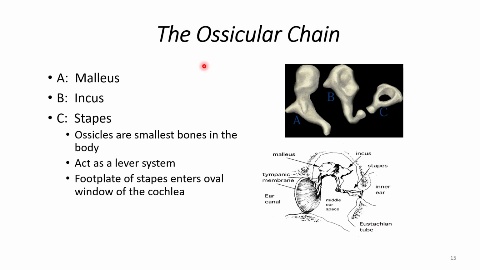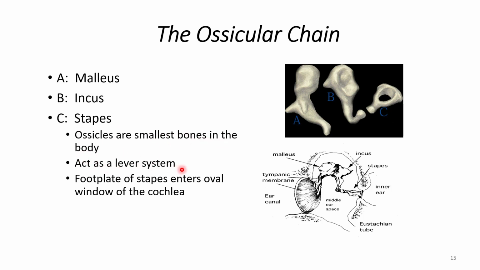Now coming on to the ossicular chain, and you must have already heard of these ossicles many times: malleus, incus and stapes. And this is the handle of the malleus and its processes, and this is how the incus is present, and that is how the stapes is present, and this is the foot plate of the stapes. So the ossicles are the smallest bones in our body.